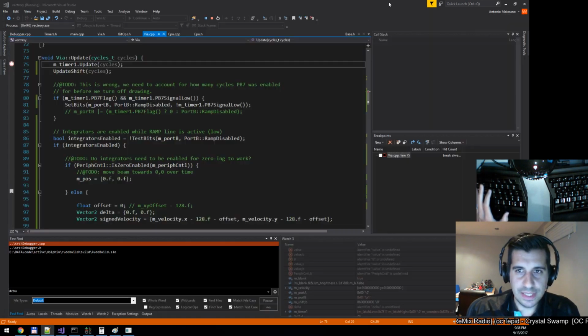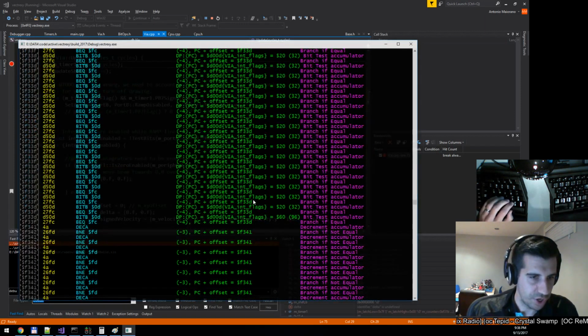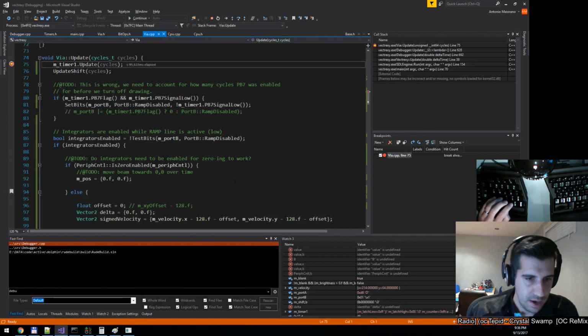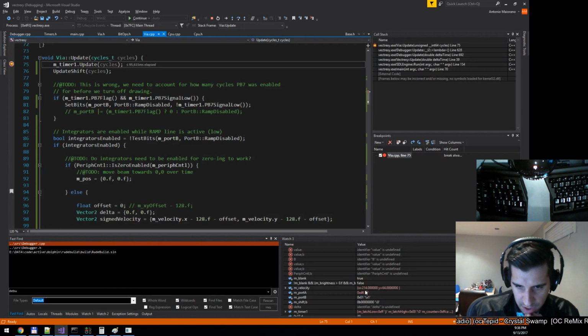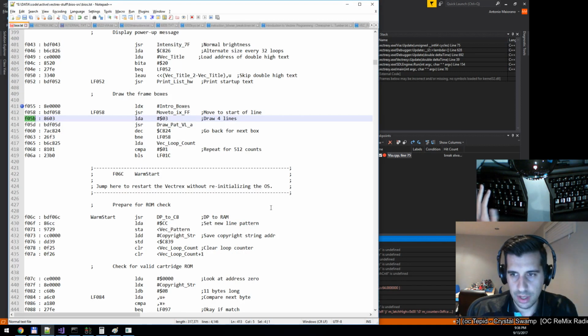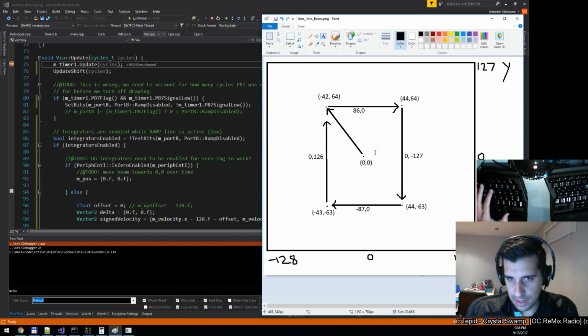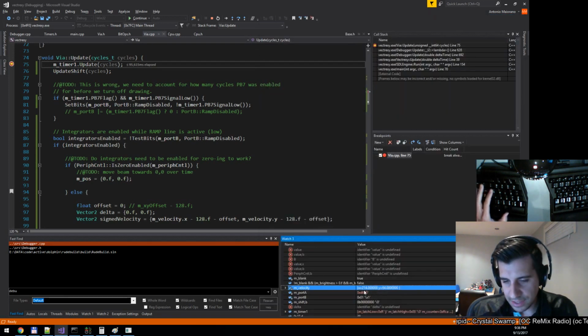So now let's see. If I put a breakpoint in here and we step one more instruction, what is our position? X is 214.64. That does not sound right. So 64 is correct. The 214 has to do with sign wraparound.